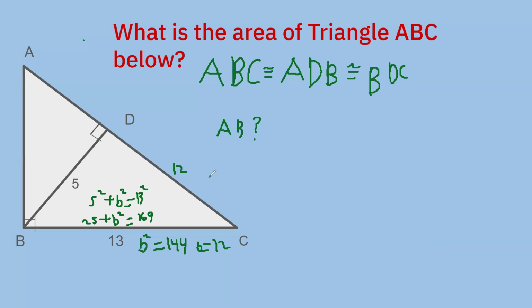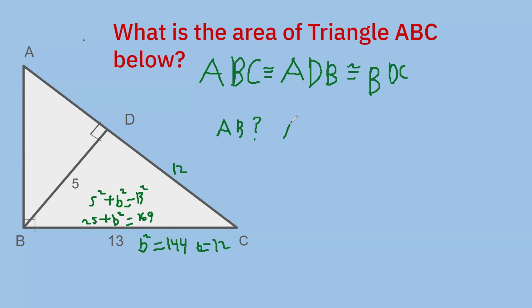So in this one, the short side, right, in BDC, right, we have BD is 5, and BD is the short side, just like AB will be. So we can set up a proportion there.